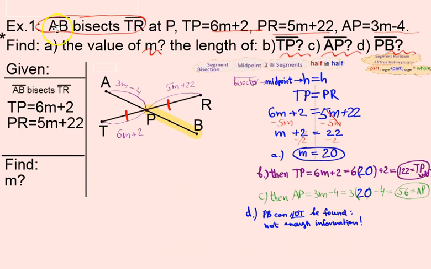Instead of the words segment AB bisects segment TR, the following statement could have been used: segment TR is bisected by segment AB at P. But that would mean that we have exactly the same diagram and the whole process would be exactly the same because it still would mean that TR is getting the hash marks and that AB is the doer, the one who does the action, is the bisector.